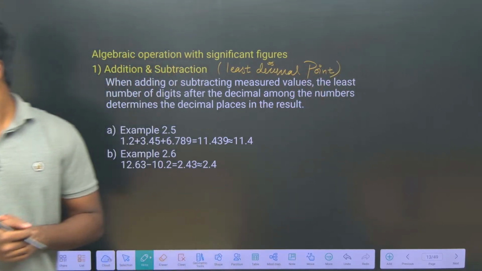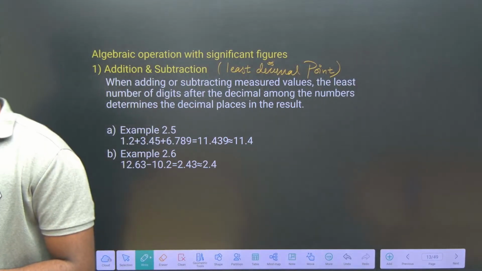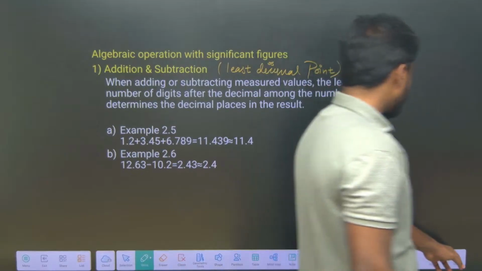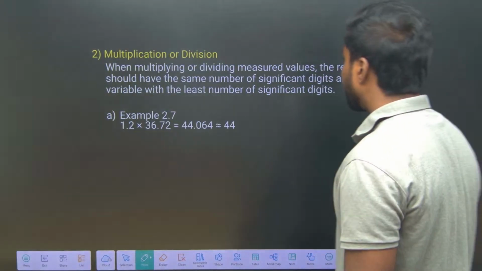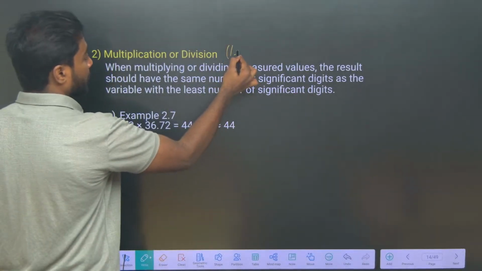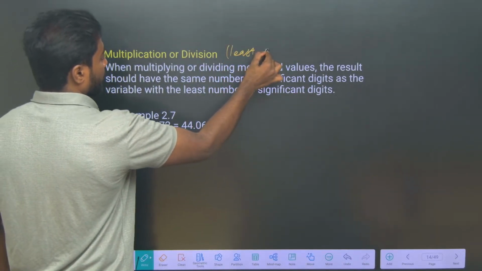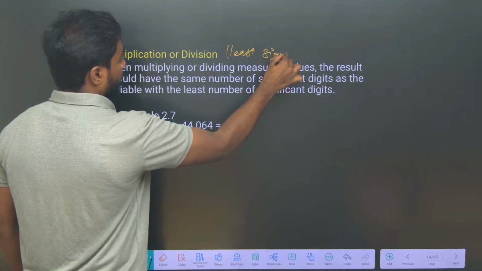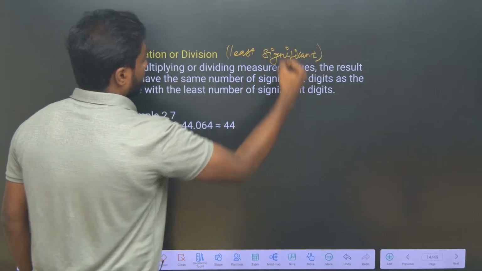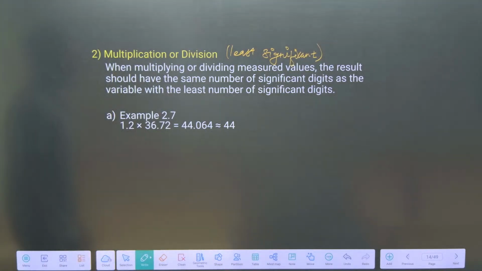Least decimal point we need to remember. Then what about multiplication and division? For multiplication and division, the least number of significant figures we need to remember.